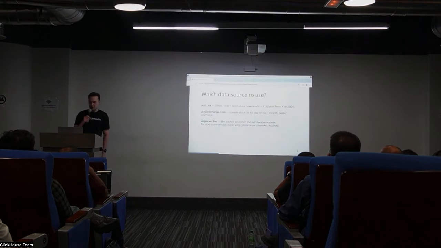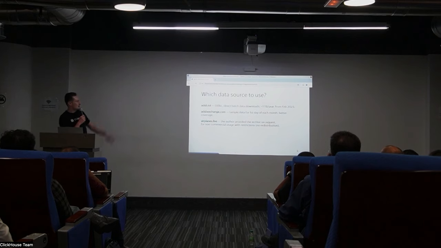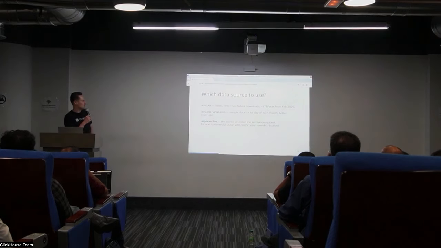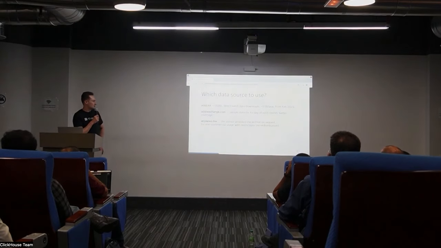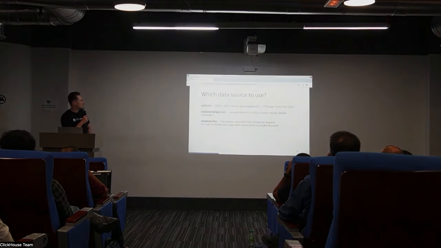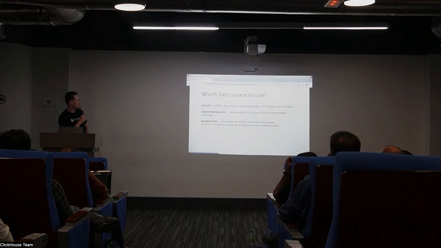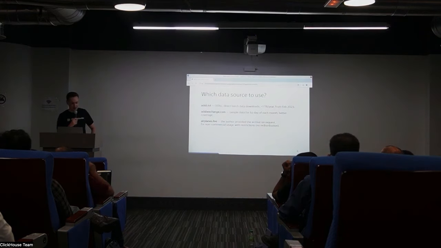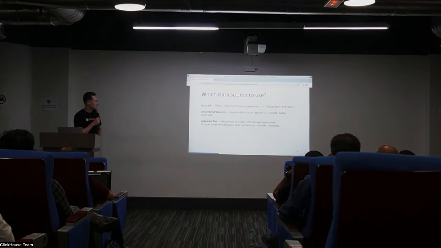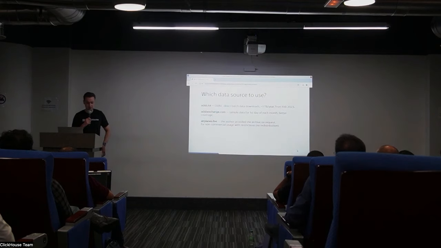And I started to explore which options are possible. So three options remained. adsb.lol provides data with quite a good license, the Open Database License, allows batch data downloads, about 1 terabyte per year, available for almost 2 years.